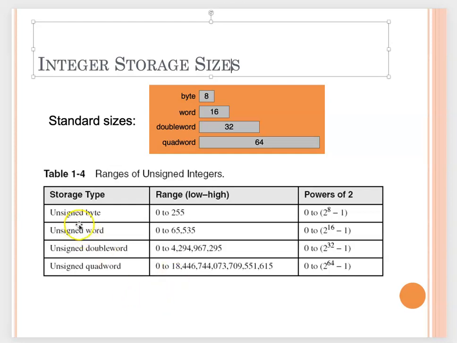The unsigned byte just means all the bits are used to calculate the value. No bit represents the sign. That's what we call the unsigned type.